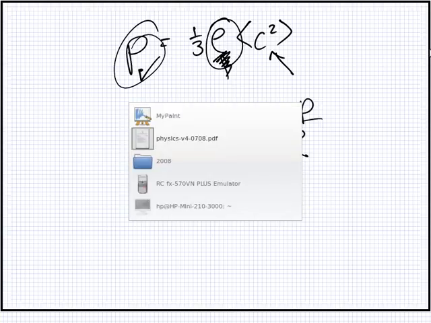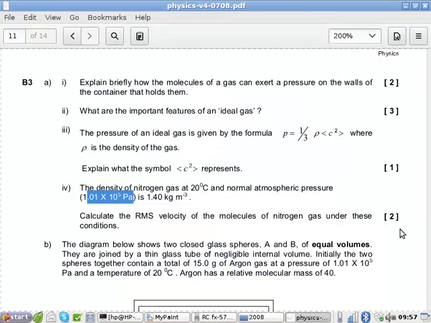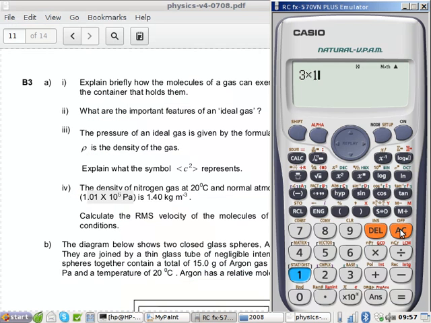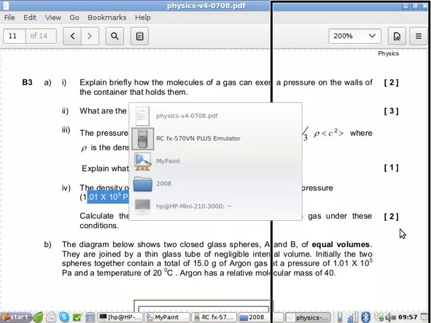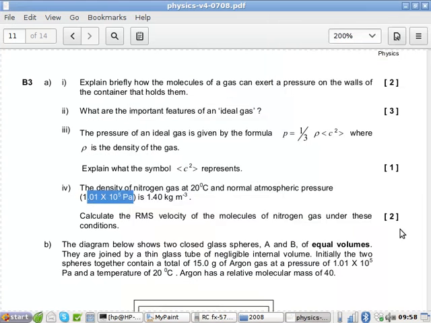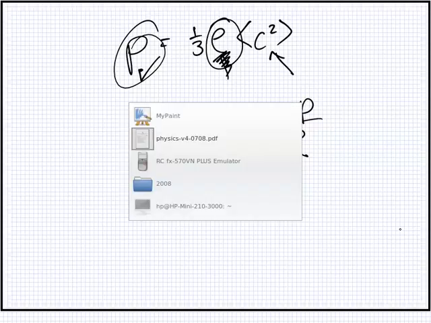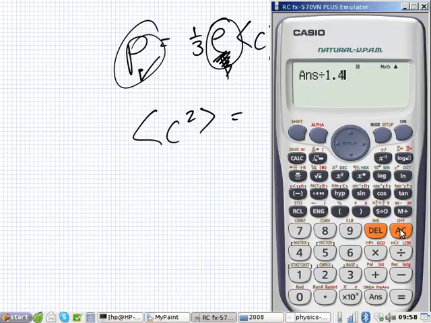Oh sure, we might as well do that now. What did it say the pressure was? 3 atmospheres, divided by 1.4. Okay, 216,000.